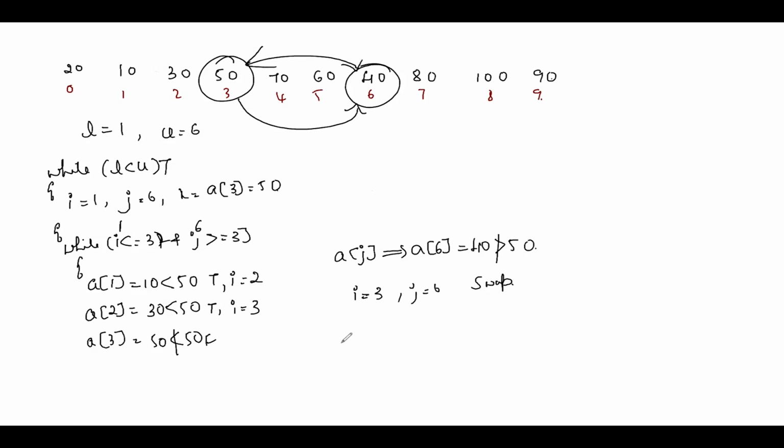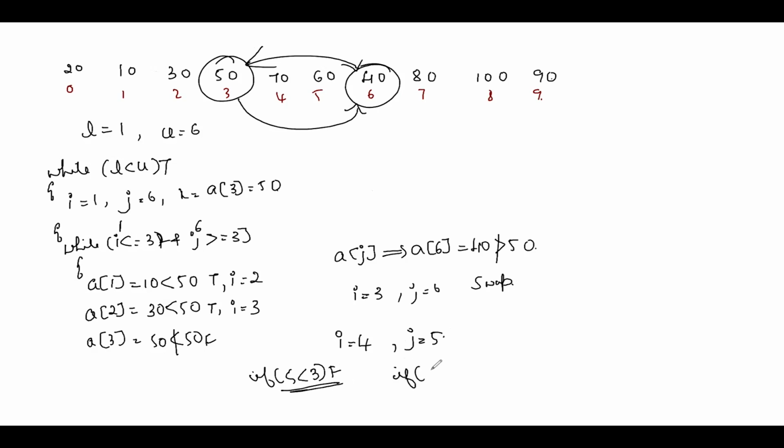Okay, so after swapping, i value is going to become 4 and j value is going to become 5. And then if I'm checking the if condition, where I have to check if j is less than k. j value is 5. Is it less than k? k value is 3. False. So I'm not going to do any action here since it is not true.